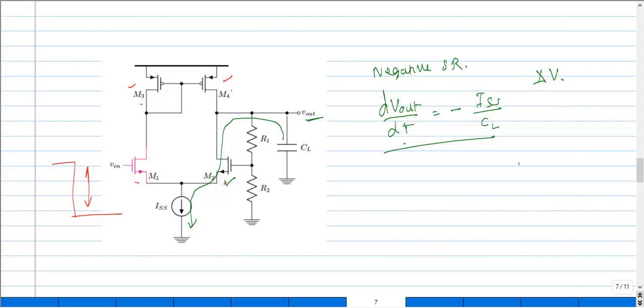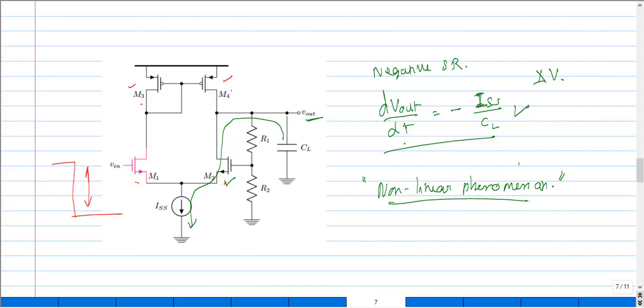This clearly explains an important observation that we can make: slewing is basically a nonlinear phenomenon. This nonlinear phenomenon gets into the picture just because of the limitation of the current, because the rate at which the output changes is basically defined by the tail current source that we had in our circuit.